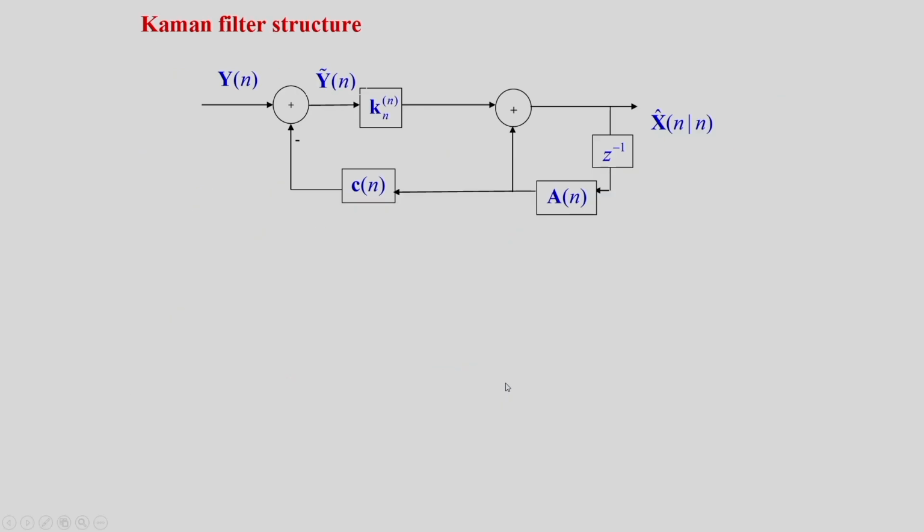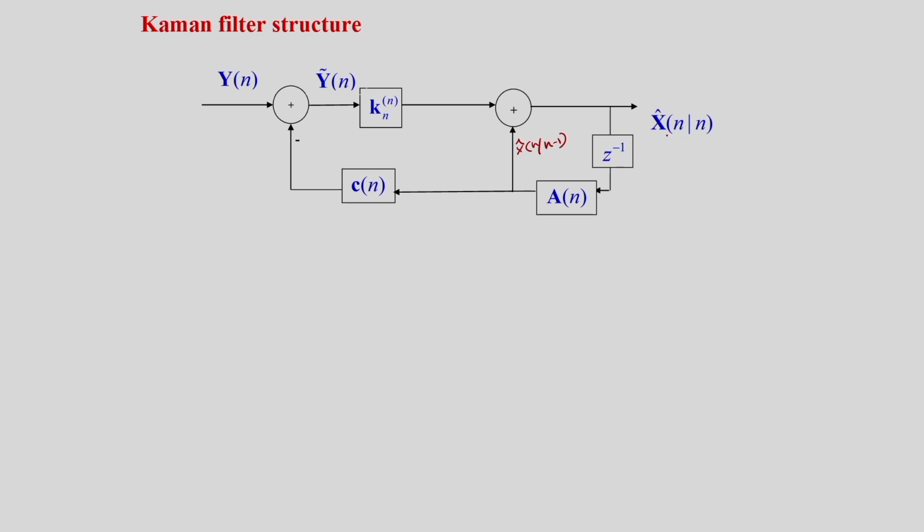From this expression, we can have the Kalman filter structure. So, there is data here, data is y n, and the state estimator is x hat n given n. Now, this estimator is delayed by 1 unit and then multiplied by A n to get the prediction x hat n given n minus 1, given data up to n minus 1. We get the prediction value through the delayed version of the state estimator.